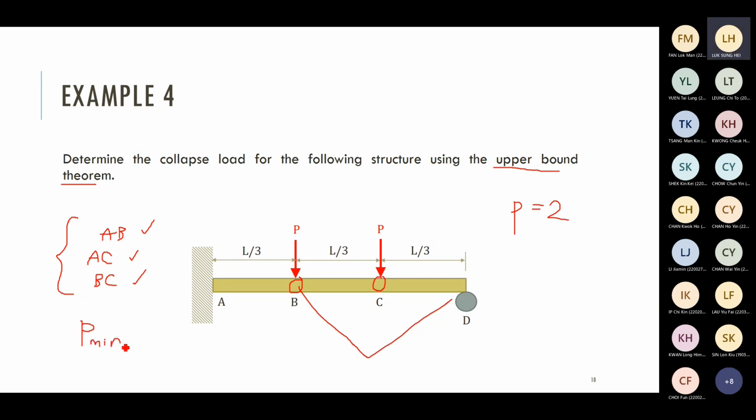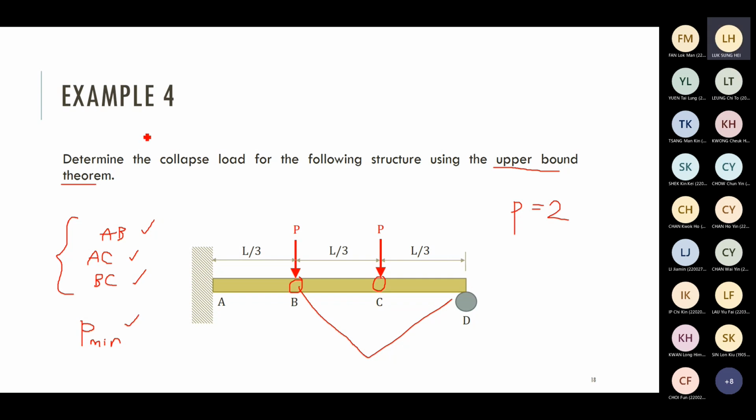That will be the collapse load of the structure. The smallest value, P minimum, is more critical. You can imagine that if the loading increases gradually from 0, the structure will firstly reach this minimum level and then collapse. It cannot develop further.